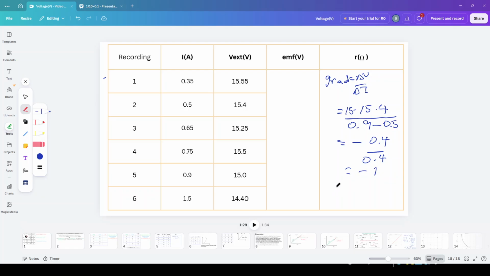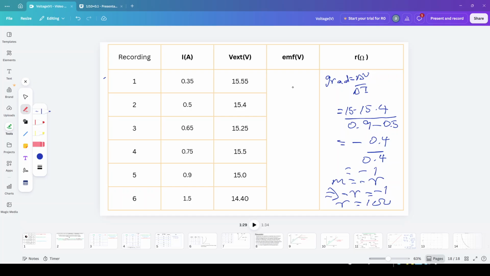And we've said that our gradient is minus r. So then minus r is equal to our gradient, which is minus 1. So then r is 1 ohm. Okay, so that's how it's done there.